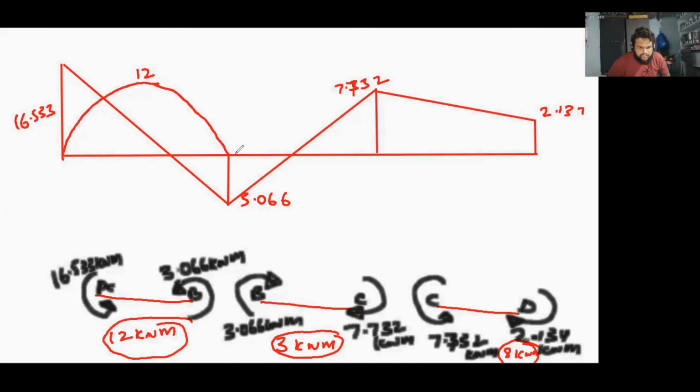Next one is just 3 kilonewton meters. So draw as per its magnitude. Okay, so last one is point load. It is how much? That is 8. So it should be more than this. This is 8. Here also you draw it. Okay, good.